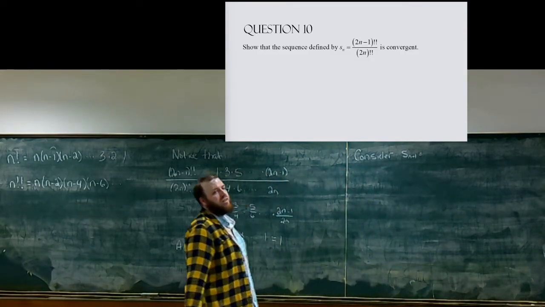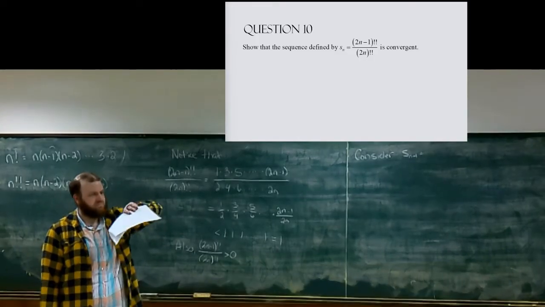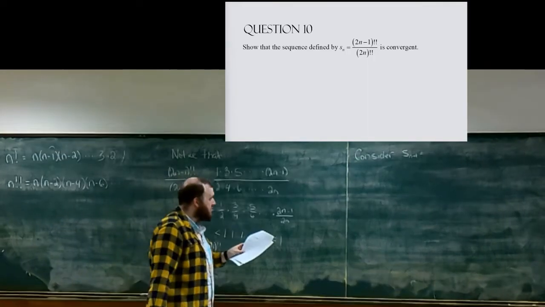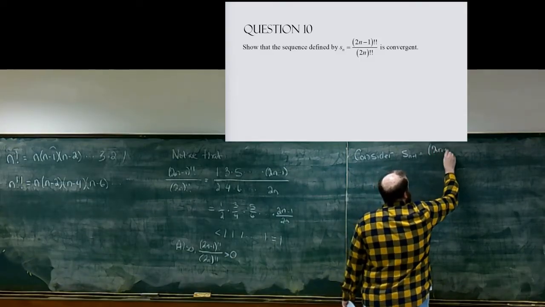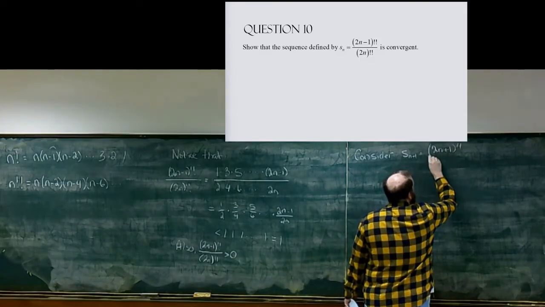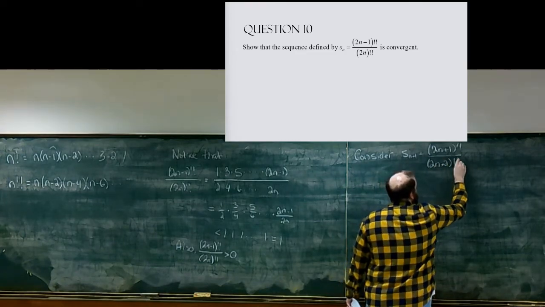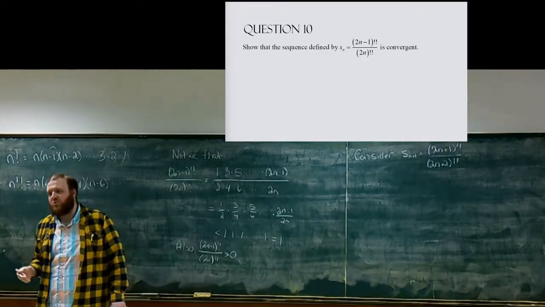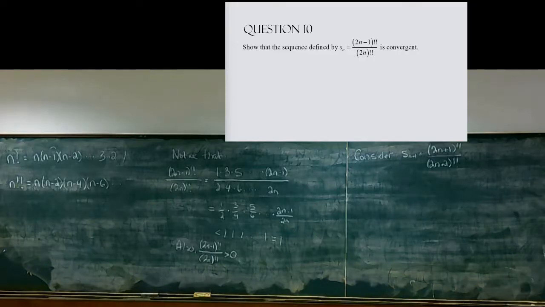Well, to do that, consider the n plus 1 term. Well, that would be 2n plus 1 double factorial over 2n plus 2 double factorial, right? Just replace n with n plus 1.